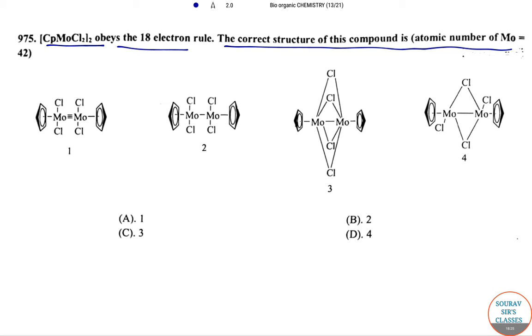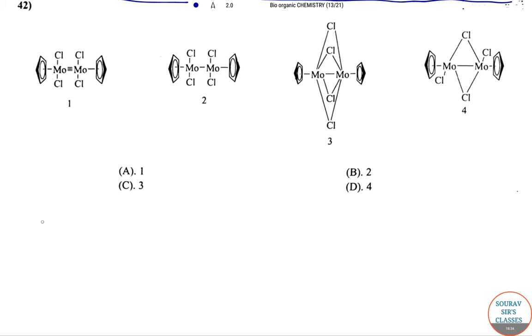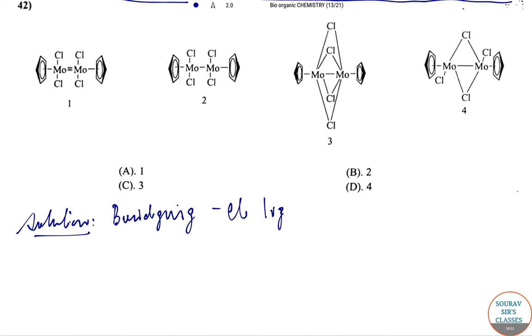So, we have this question in front of us. Let us discuss. It obeys the 18 electron rule. The correct structure of this compound is what? And the solution is: the bridging chloride ligand is a 3 electron donor.